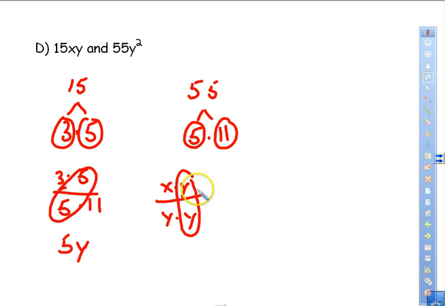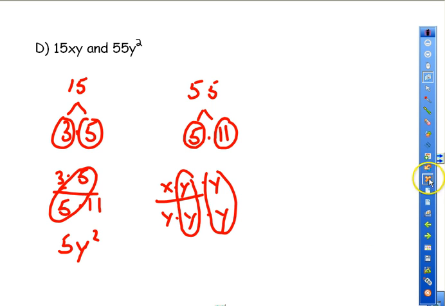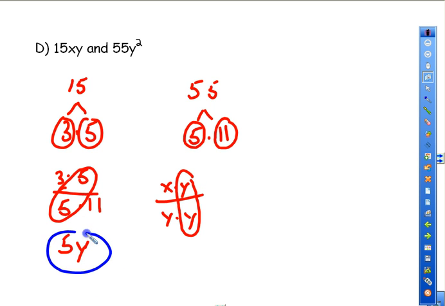If I had another y on here and another y here, then it would be y to the second power, because that means that there's 2 y's. But we do not. So my answer again is 5y. Those are my common factors. So let's try one more. Go ahead and solve this.